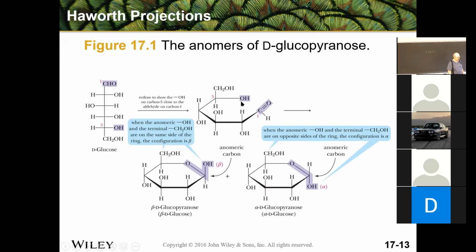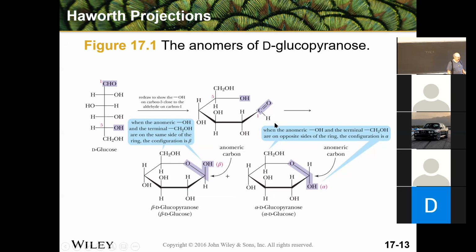The lone pair on the oxygen here is the nucleophile, so that attacks the aldehyde carbonyl carbon. That closes up the ring. We have a proton transfer that occurs, and we get this cyclic hemiacetal. It's a 6-membered heterocyclic ring, and one of the members is an oxygen. Okay, it's a hemiacetal. The definition of a hemiacetal is we have an ether and an alcohol on the same carbon.